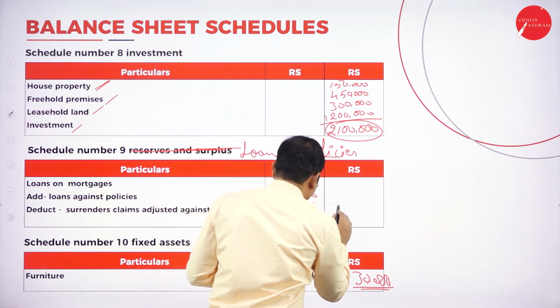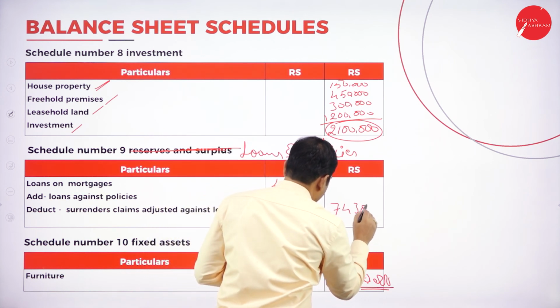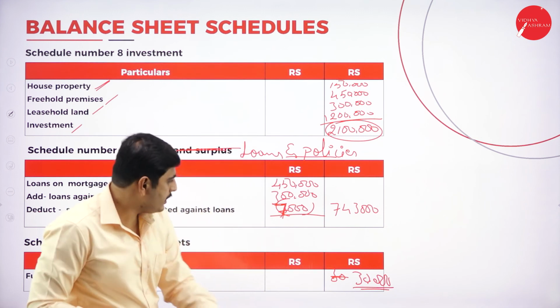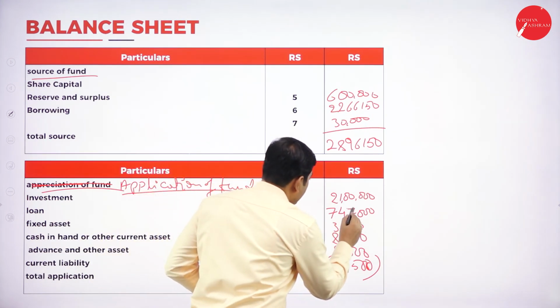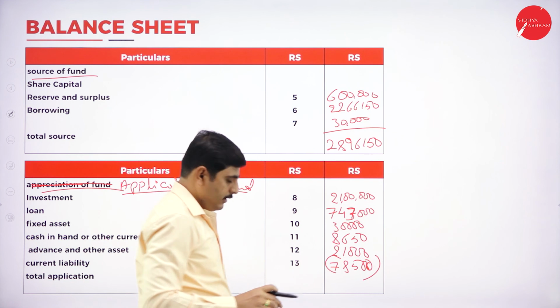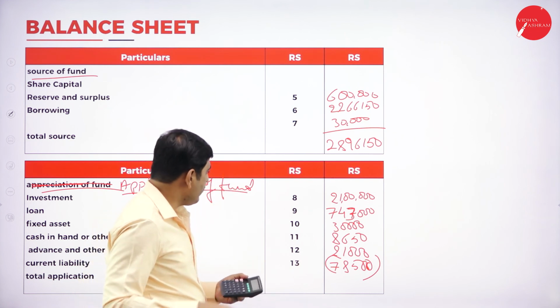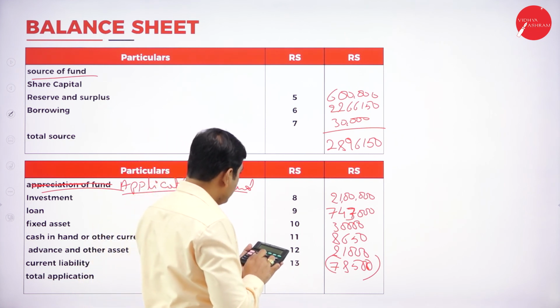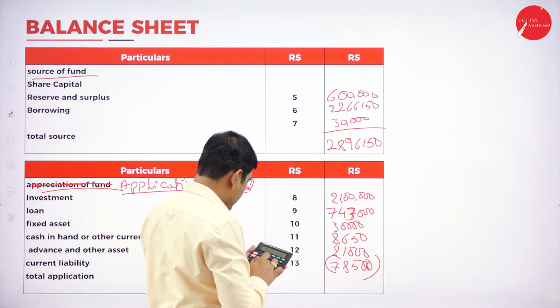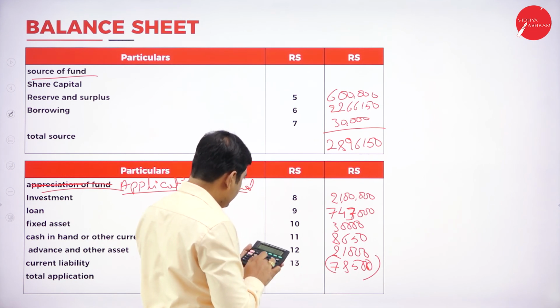So we'll get 7 lakh 43,000. Let's change it here to 7 lakh 43,000.